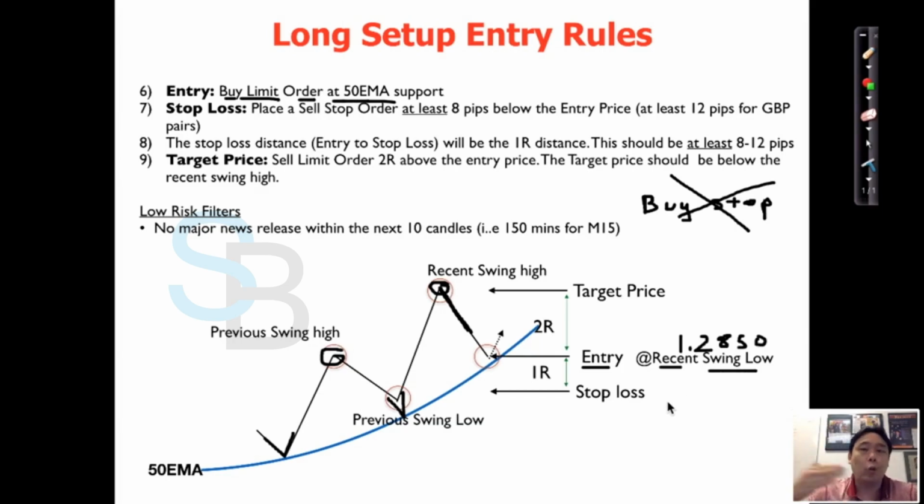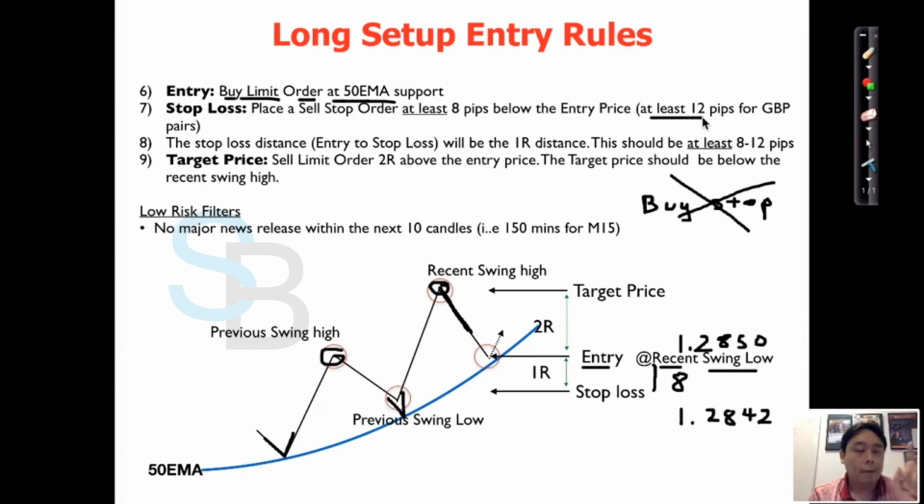Yeah, it could be 10, 20, or 30 pips. It doesn't matter, but at least 8 pips. So 8 pips below would be a stop loss of 1.2842. Bear in mind, at least 8 pips for most pairs, but for pound-related pairs, like pound USD or pound yen, we use at least 12 pips because those pairs tend to be a bit more volatile.